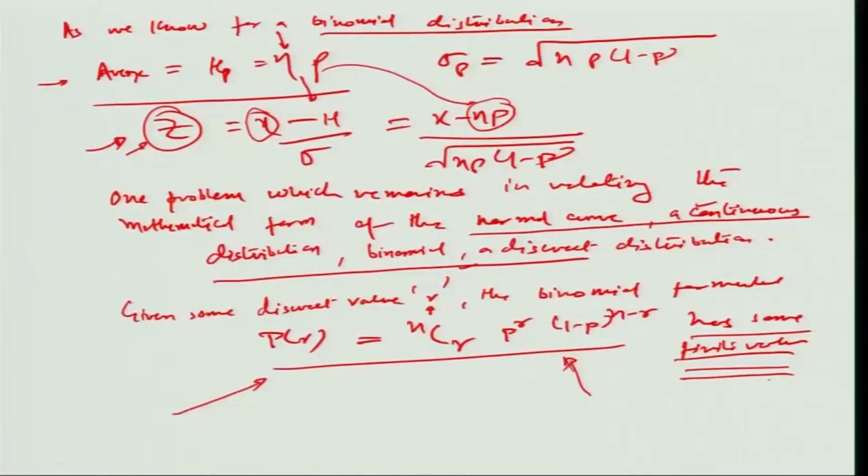So, how do we predict this particular probability function with normal distribution?